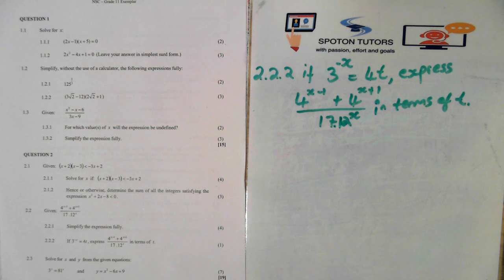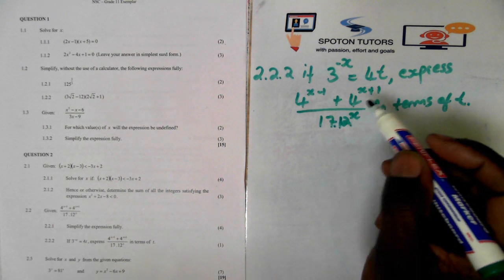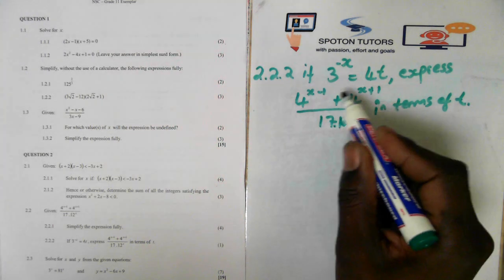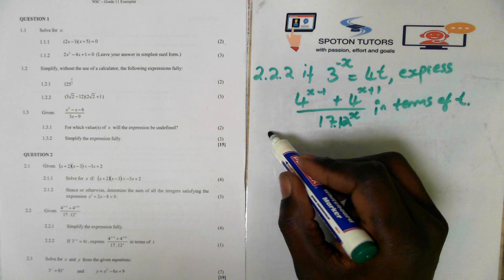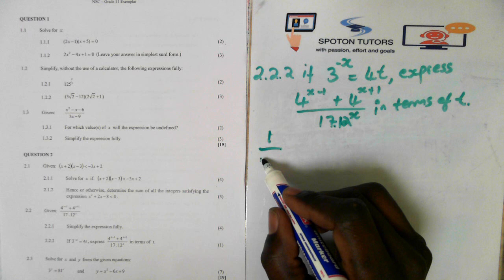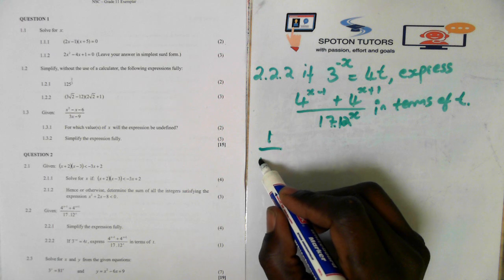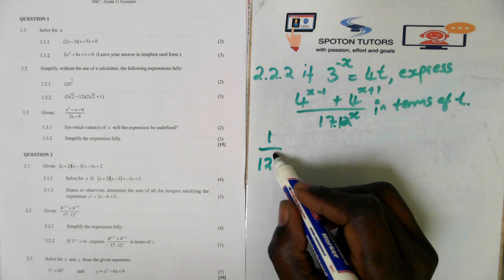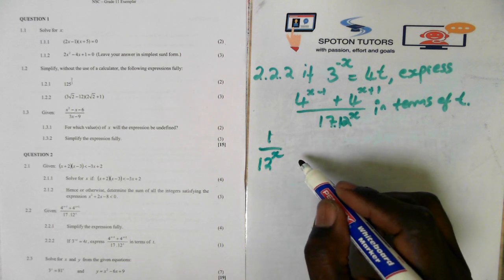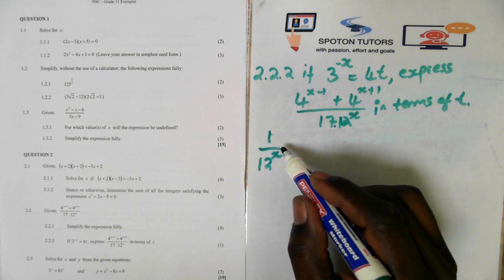We have found out, and I want to clearly explain that, we have found out that this whole thing, this whole solution is equal to 1 over... and then because of that, we have found out previously that 1 over 12 to the power x.